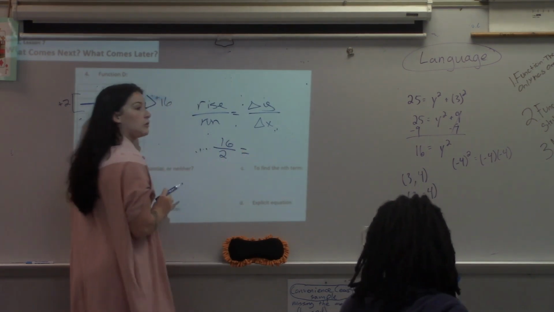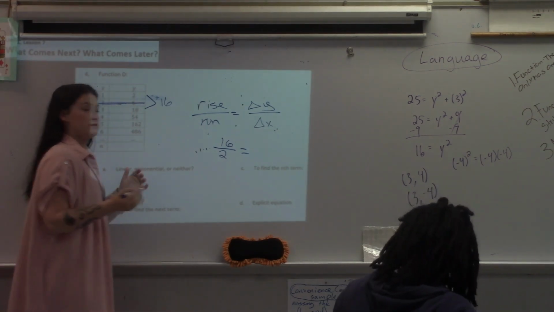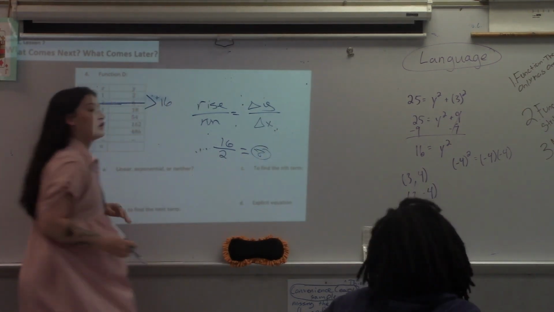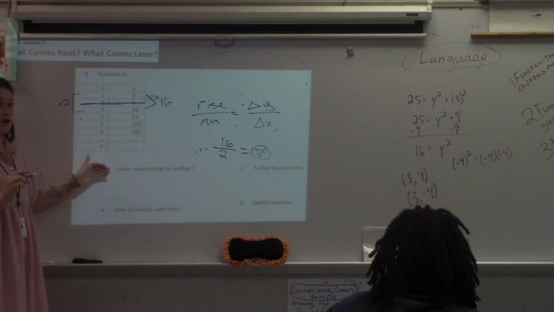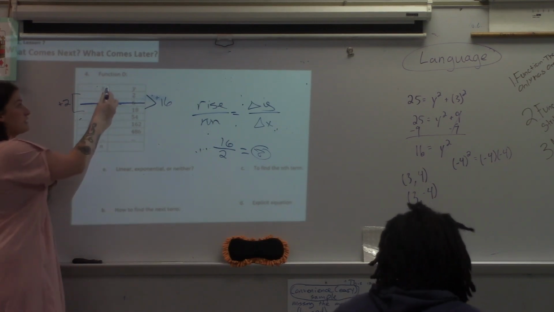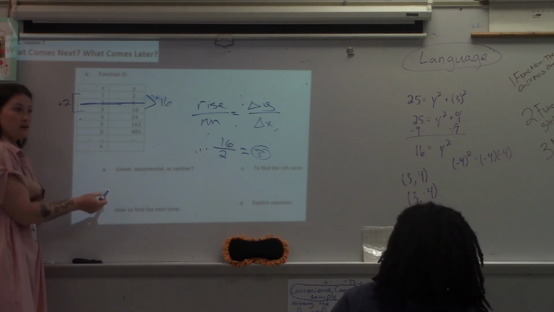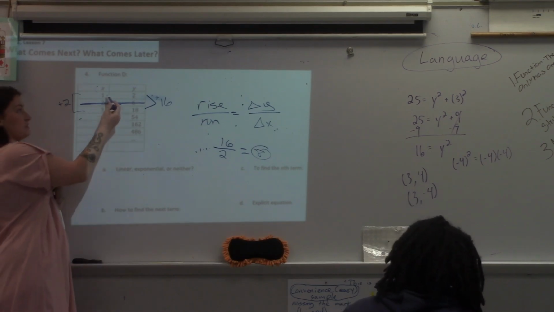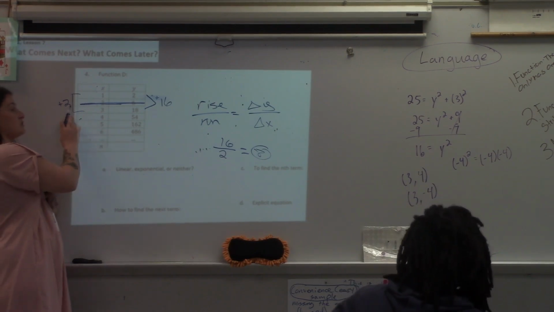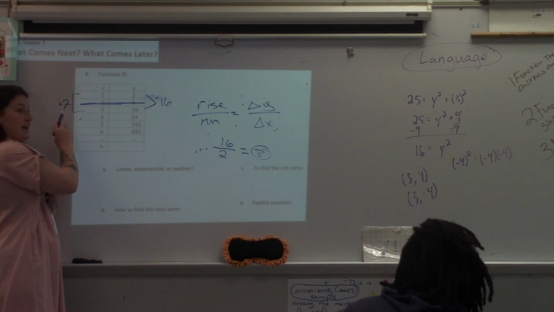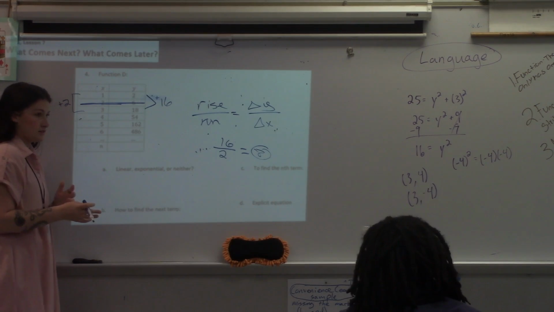So what would our slope be? 16 over 2, which is 8. So I want you guys to make sure when you are analyzing tables, when you are doing your slope on your table, you are realizing how the x is changing as well, not just the y. Because we could trip you up and have the table that goes 1, 3, 5, 7, 9. And if you don't make sure you're recognizing your change in x as well as your change in y, then we're not going to get the correct slope.